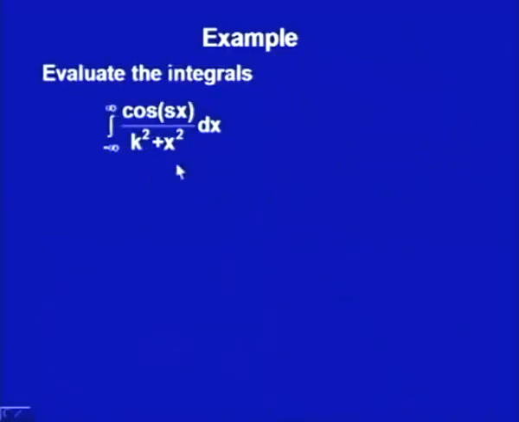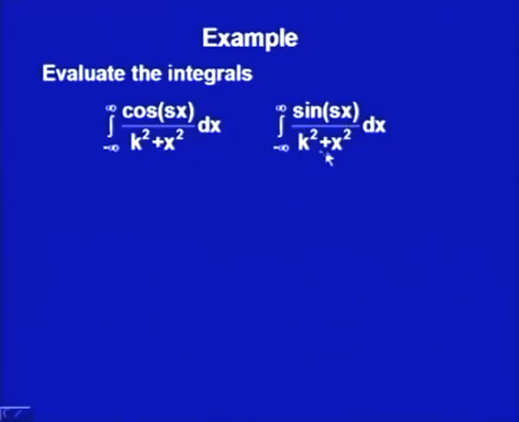Evaluate the integral from minus infinity to plus infinity of cos s x upon k square plus x square dx, and the integral from minus infinity to plus infinity of sin s x upon k square plus x square dx. You see, here in this example we are going to evaluate two integrals.